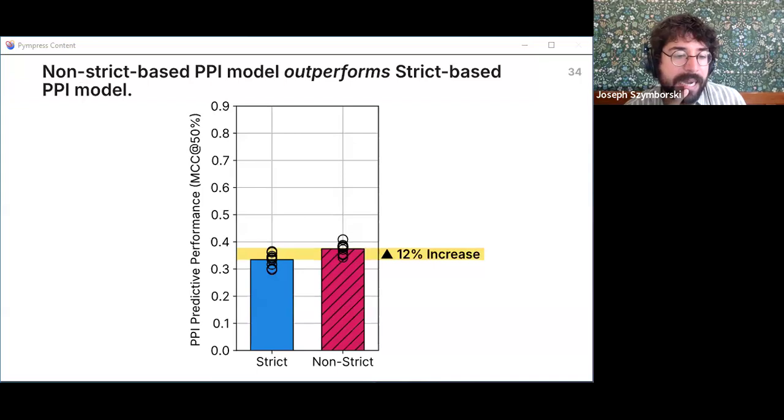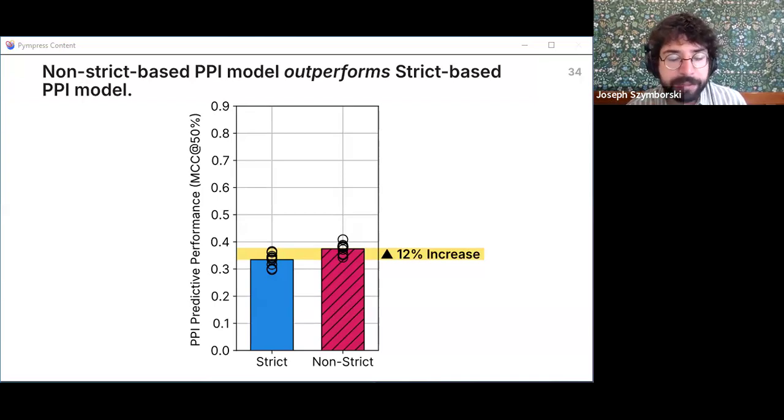Here are the final results. The PPI inference models which rely on the non-strict PLM outperform an identical model where the only change is the strict PLM. When you train using the strict PLM, you have a 12% worse result than the non-strict one.